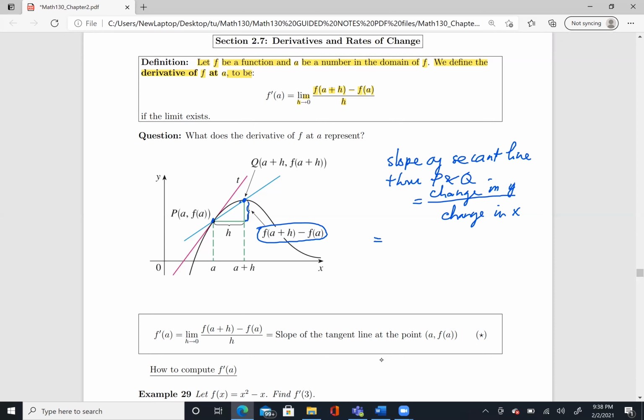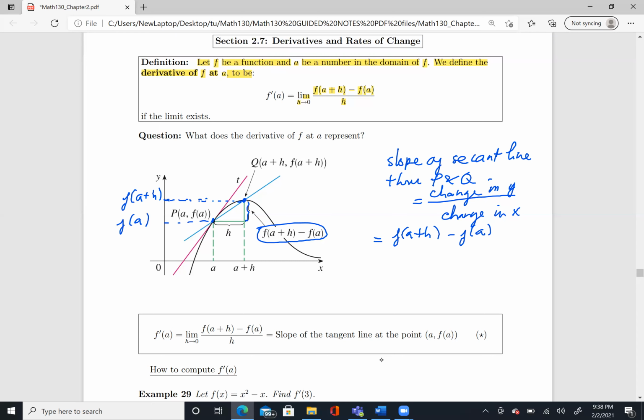This one is f of a plus h, and this one is f of a.